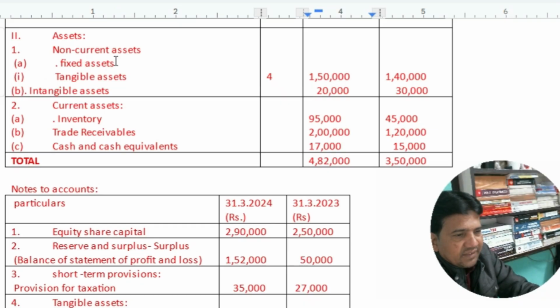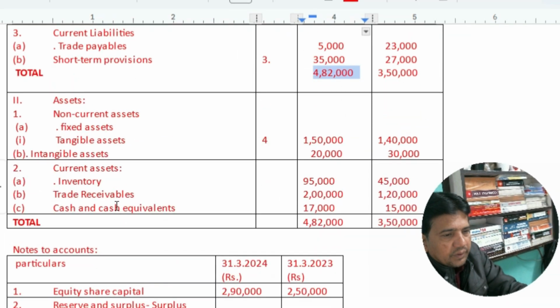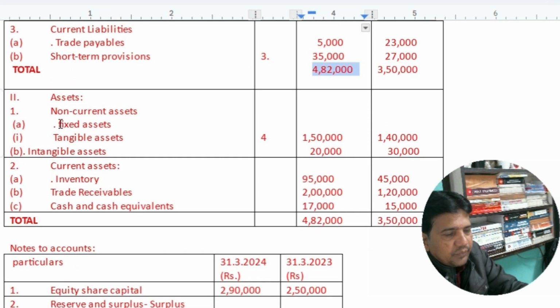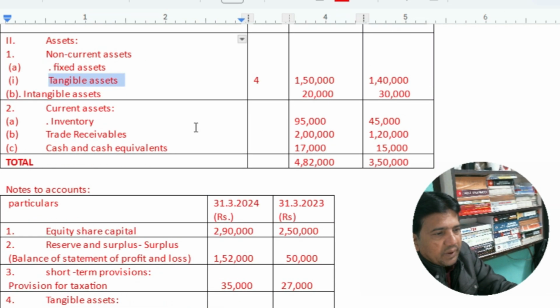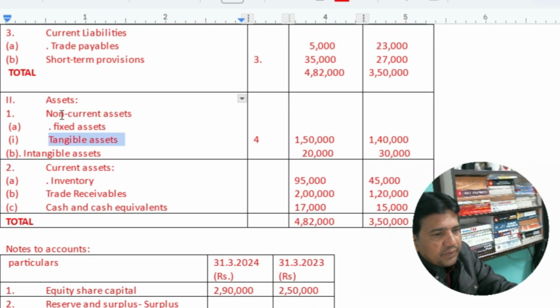Next, the assets part of the balance sheet. Non-current assets have fixed assets, and fixed assets are subdivided into tangible assets. Under tangible assets the balance is 1,50,000 and 1,40,000, so the balance is increasing. Remember that non-current asset items are always part of investing activities.